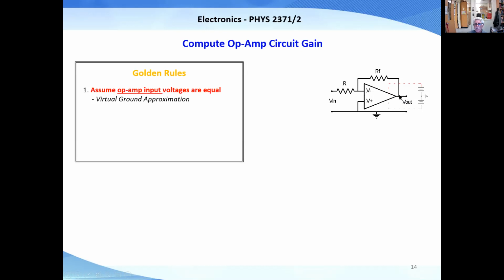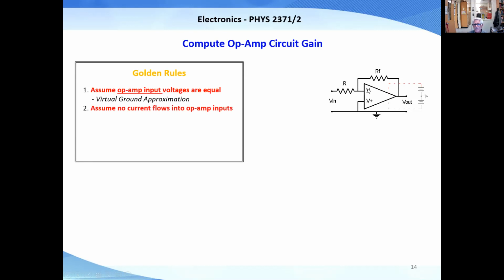It changes the output voltage until these 2 things are equal. That's the magic of the 9 transistors. Okay, equal input voltages of the op-amp, not the circuit, but the op-amp. Virtual ground approximation in this scheme here.